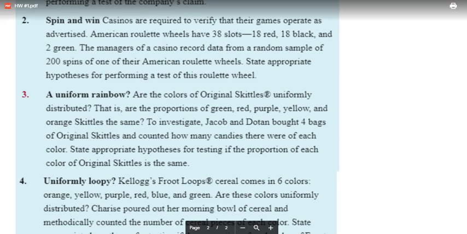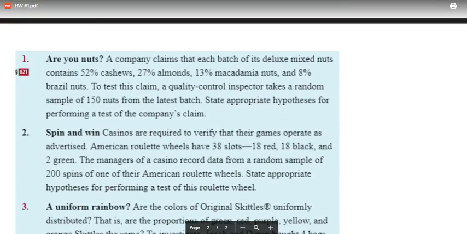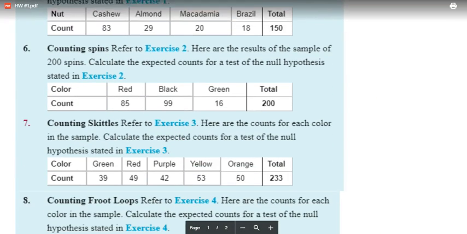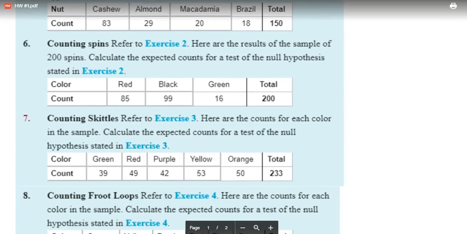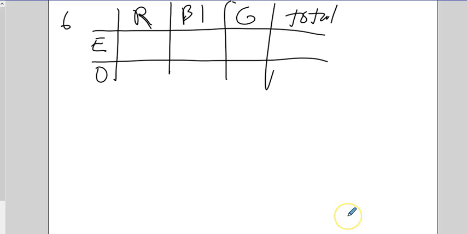So again, 85, 99, and 16, for a total of 200.